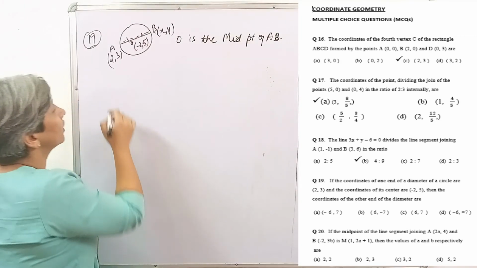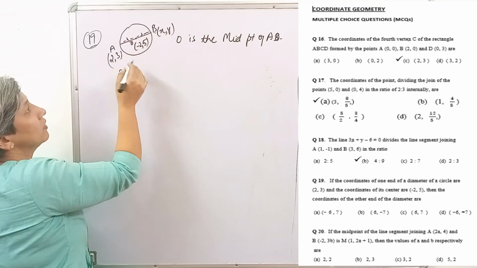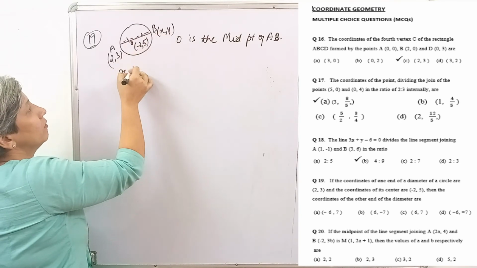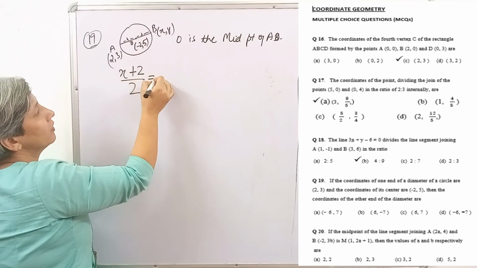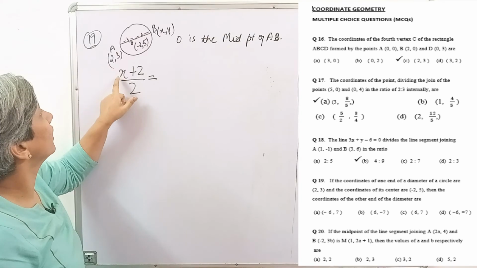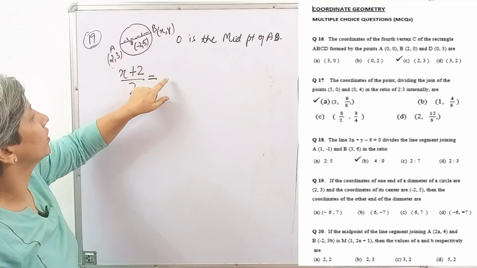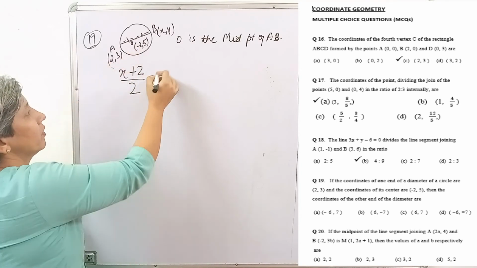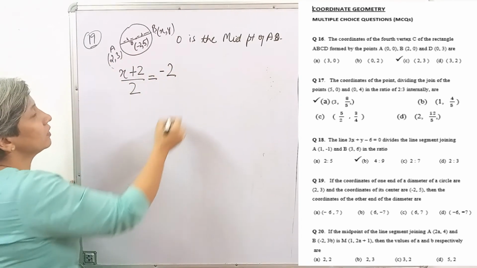So what is our midpoint formula: x2, which in this case is x, plus x1, which is 2, over 2 is equal to the x coordinate of the midpoint, that is -2, given to us, right. So from here we will get x.